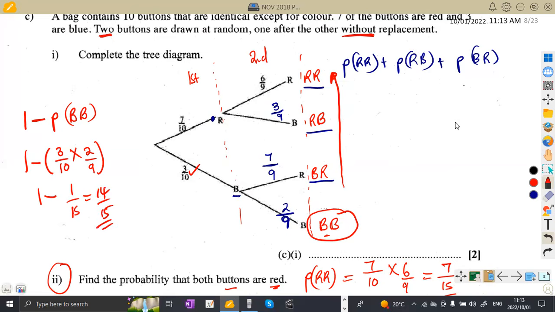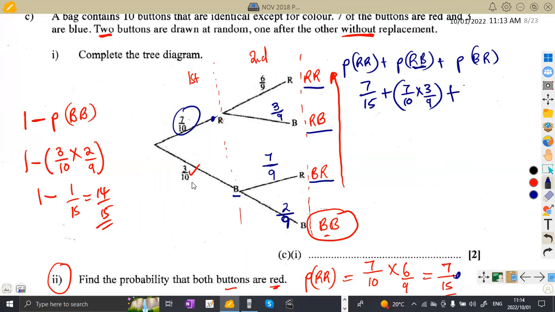Okay, but if you are to use this longer way, then it's fine, you have to apply it. Remember you calculated red-red here, you got 7 over 15. So you've got 7 over 15 plus red-blue, which is 7 over 10 times 3 over 9, plus blue-red, which is 3 over 10 times 7 over 9.